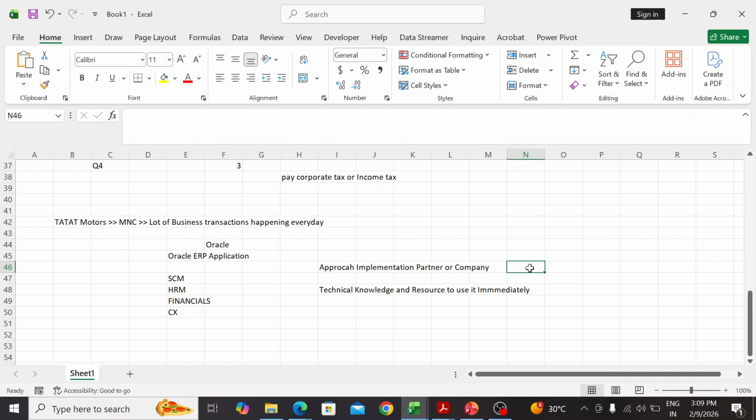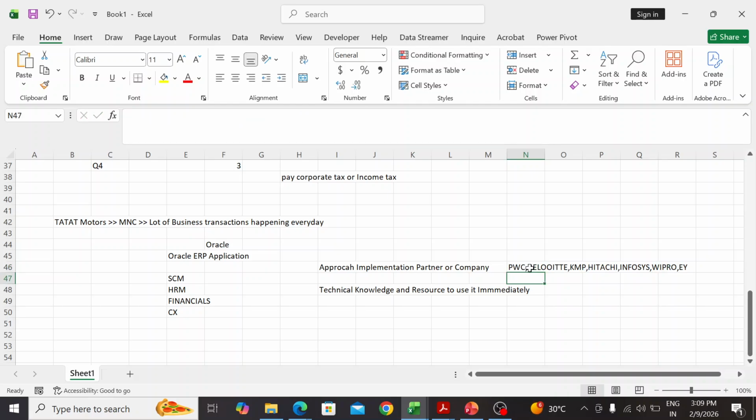So they are like PwC, Deloitte, KPMG, Hitachi, since we have a Hitachi practice, Infosys, Wipro, and EY.